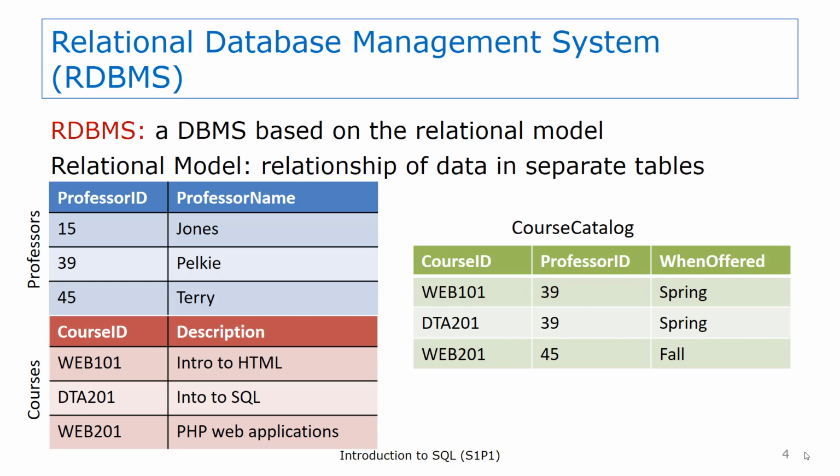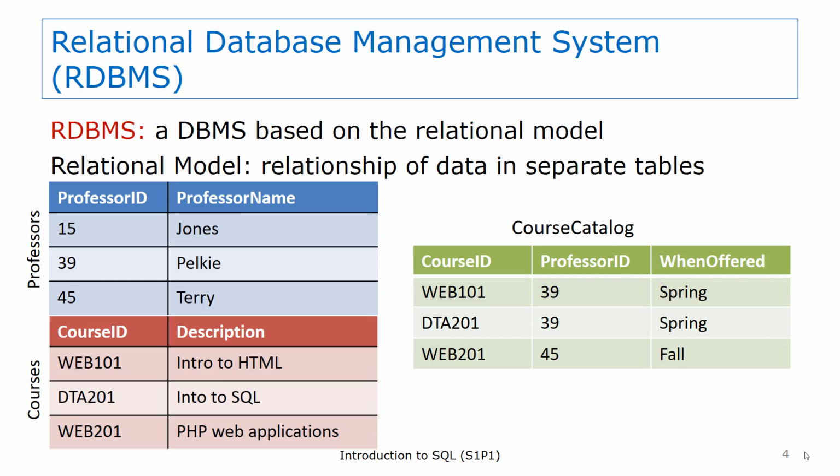For example, on this slide there are two tables, professors and courses, and another table, course catalog. The professors table contains two facts, a professor ID and the professor name. The course table also contains two facts, the course ID and description. The course catalog combines data from the professors and courses tables to show what courses a professor teaches.